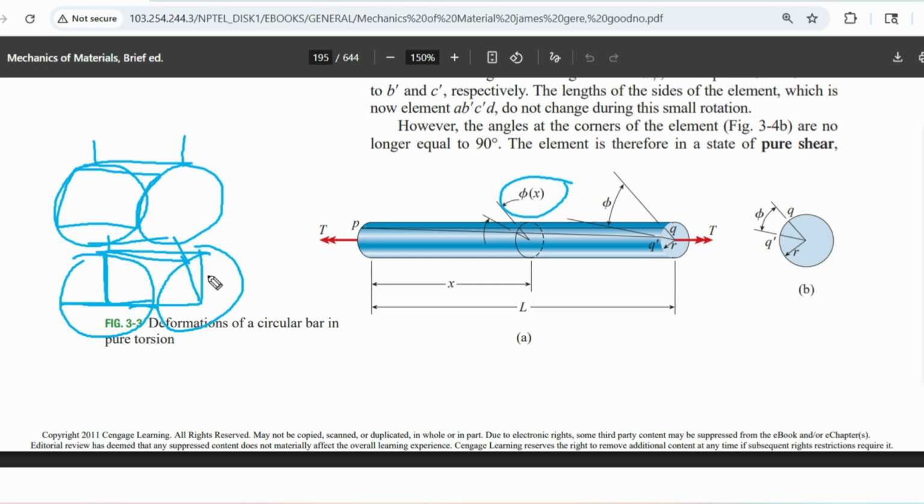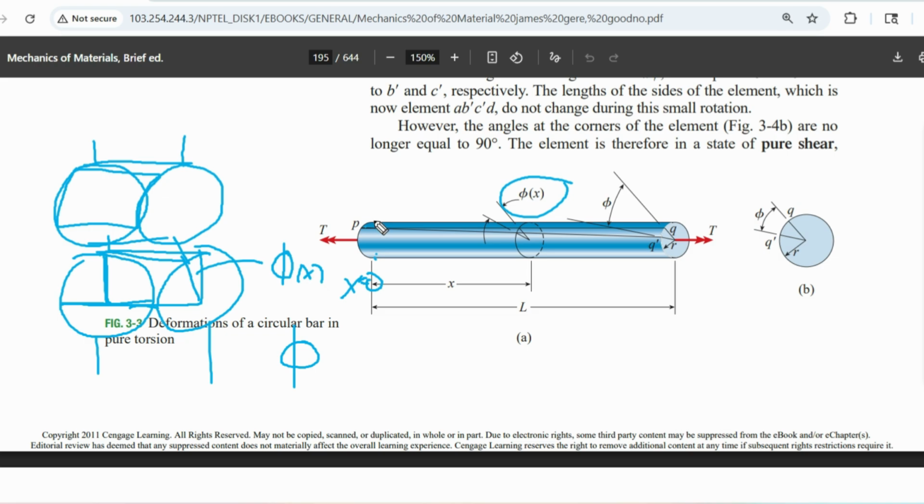So because of that, this is going to be phi of x. Oh, and this is good. Especially if I'm starting here, this is x equals 0.